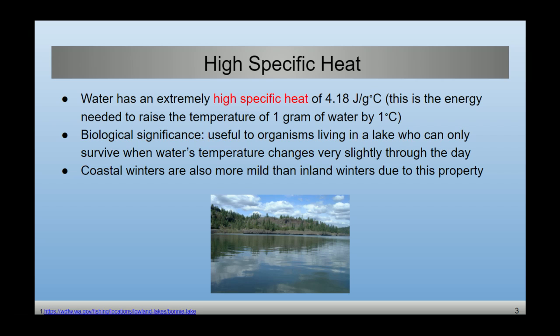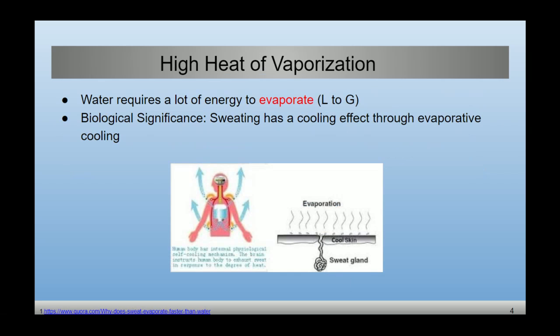This is also the reason why coastal winters are more mild than inland winters, meaning your winters are warmer to an extent than inland winters, and the same for summers: your summers are also a bit cooler than inland summers.